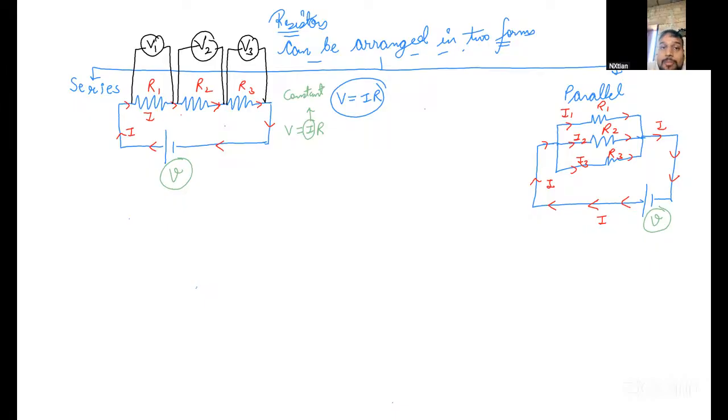Yes or no? Yes, sir. So in series, voltage is different. That is why I is the same and R1, R2, and R3 change. And in this, the voltage across the resistor will remain the same. Okay, the voltage across the resistor.